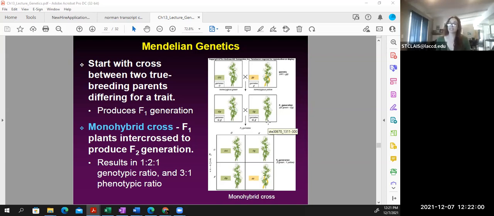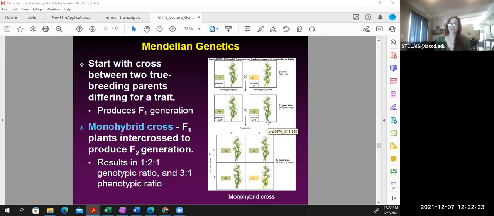And the reason why we see all green is because the dominant allele is going to mask the expression of the recessive allele. That is to say, the F1 generation is all heterozygous. So we have big G, little g as the genotype of both individuals.